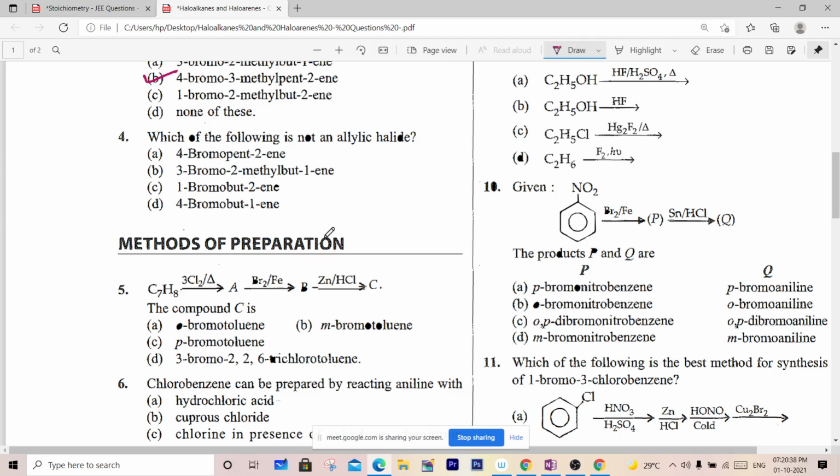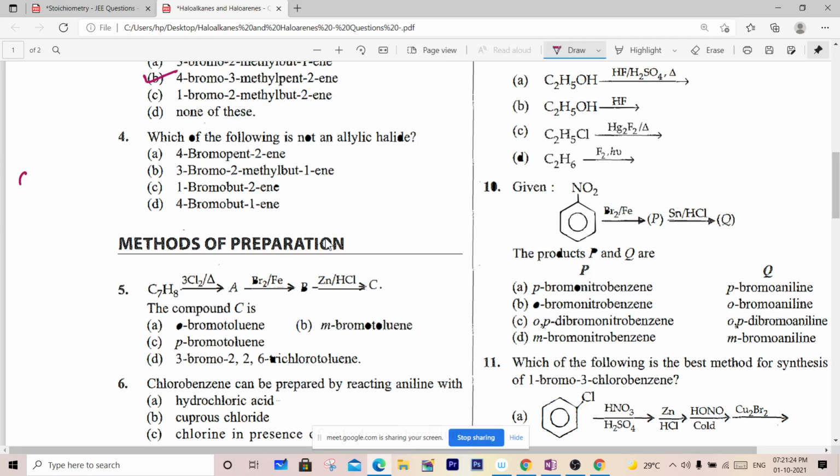Which is not an allylic halide? Option D. Can you explain this one for me?